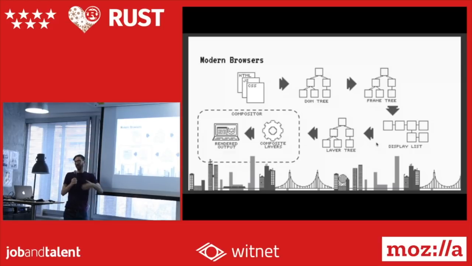And not only can it keep rendering that page, when you scroll, it can move the web page without requiring a new layout. That's why when you scroll on your phone, your mobile device, it's so smooth, because it's just moving those textures around. It's not re-rasterizing the content.